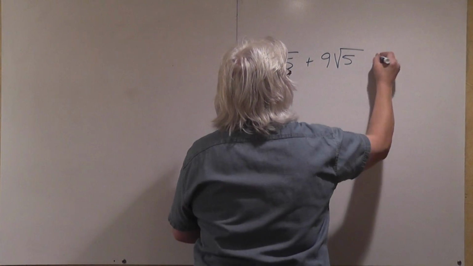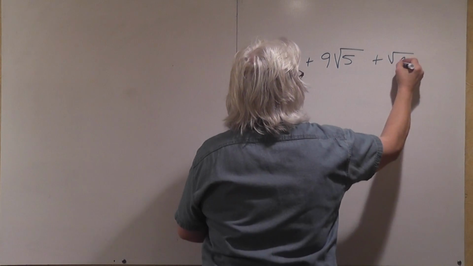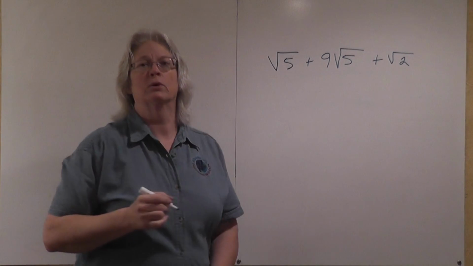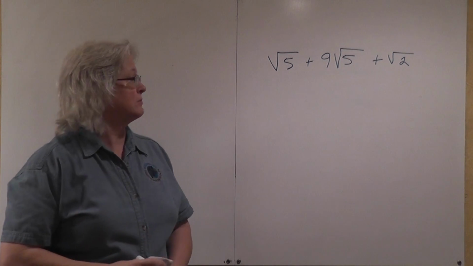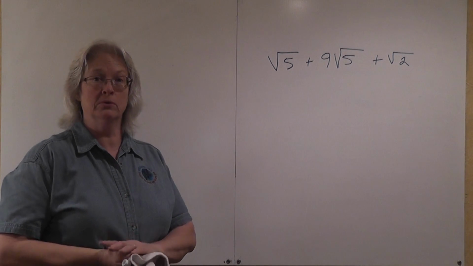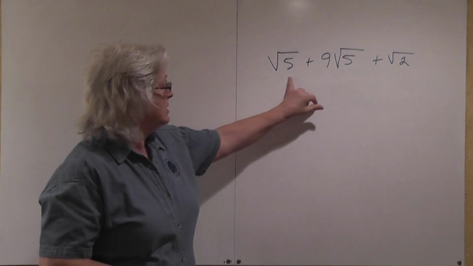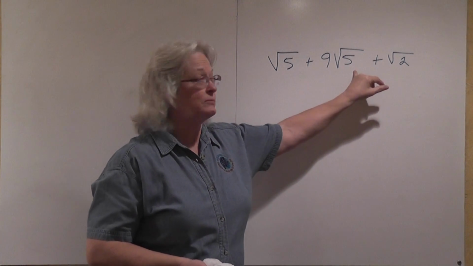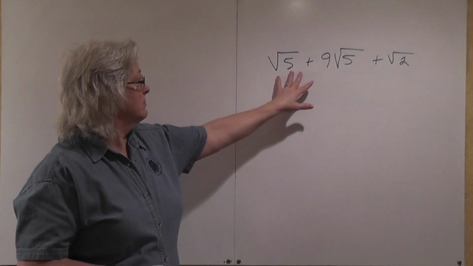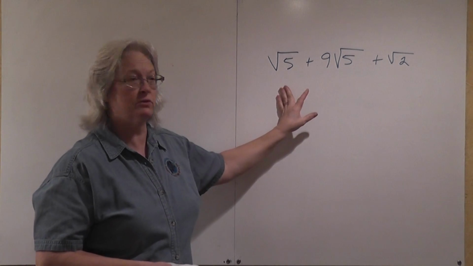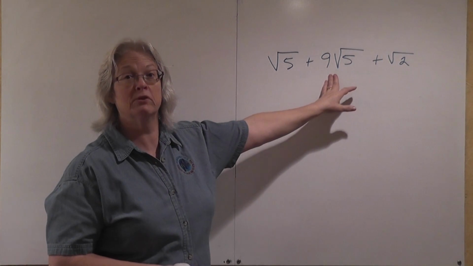Let me redo that. Square root of 5 plus 9 times the square root of 5 plus the square root of 2. So we have two different radicals here, square root of 5 and square root of 2. So only two of these are like. You have the square root of 5 plus 9 times the square root of 5.